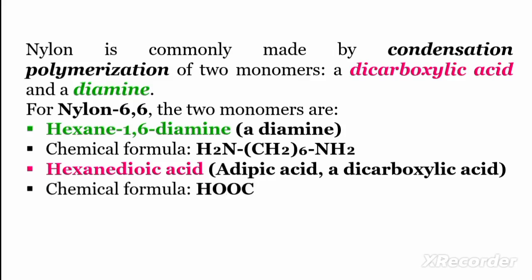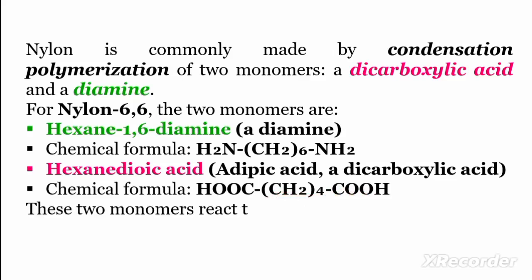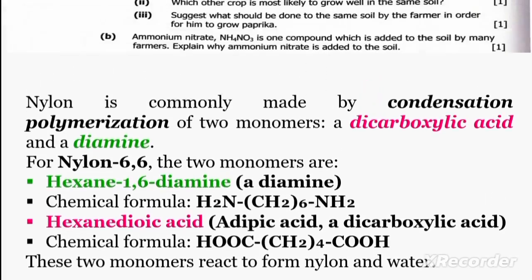The chemical formula has HOOC at one end and COOH at the other, with the (CH2)4 group surrounded by these two. These two monomers react to form nylon and water.